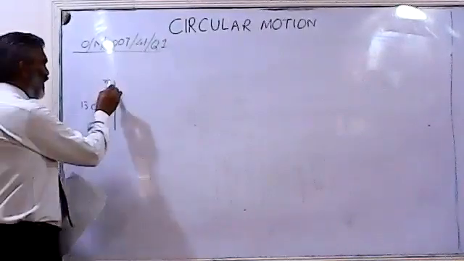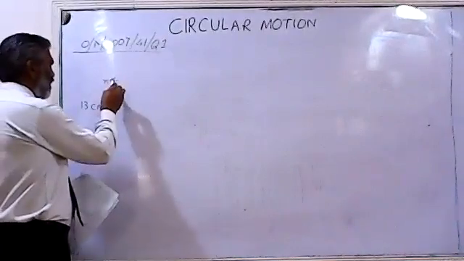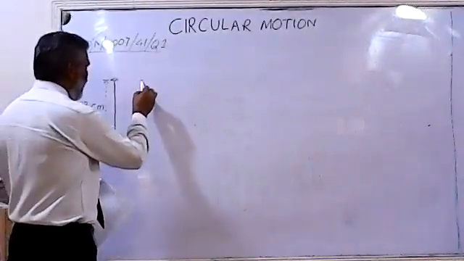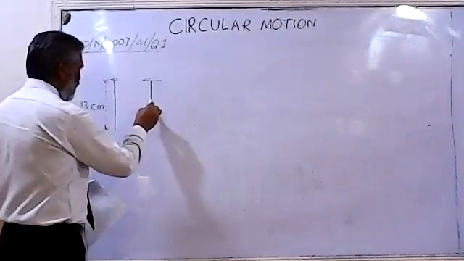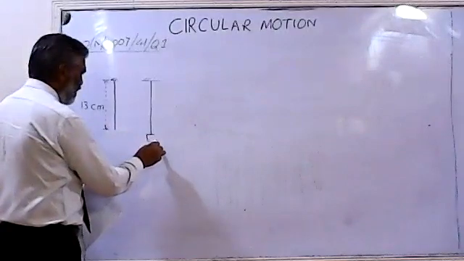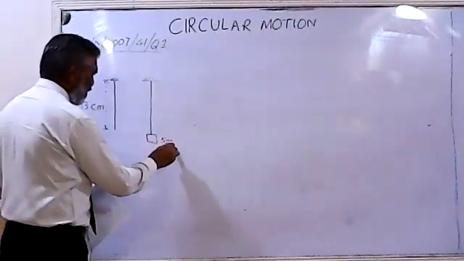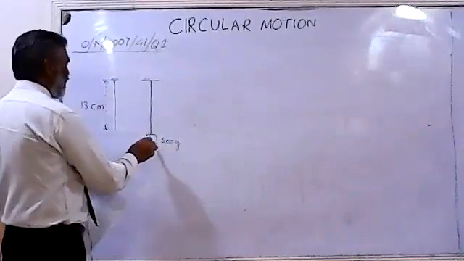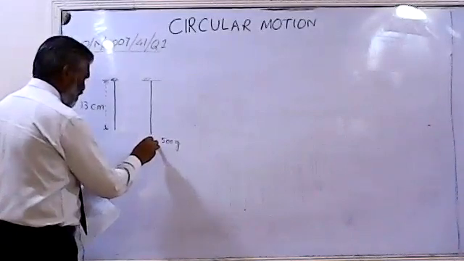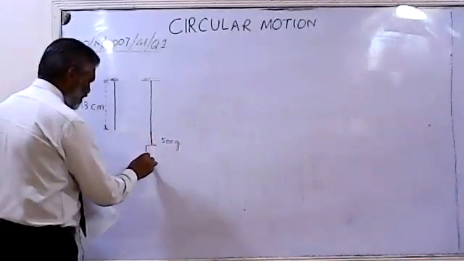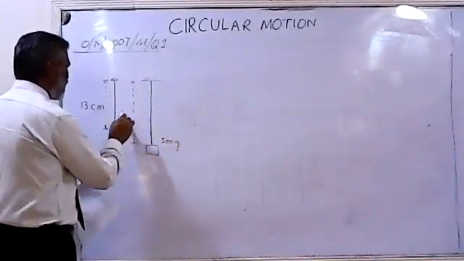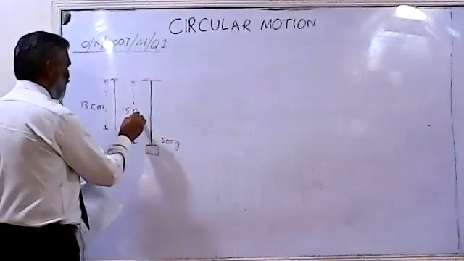This is a string, but when the same string is used with a mass attached to it, and this mass is 500 gram, there is a slight stretch produced in it, and the total length now becomes 15 centimeters.